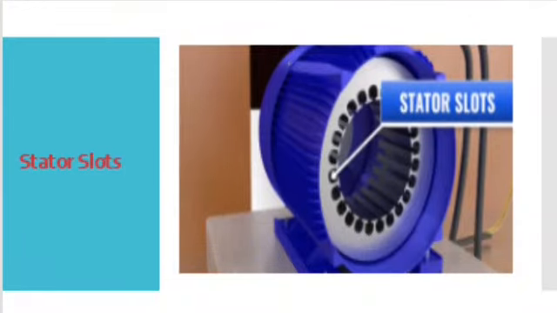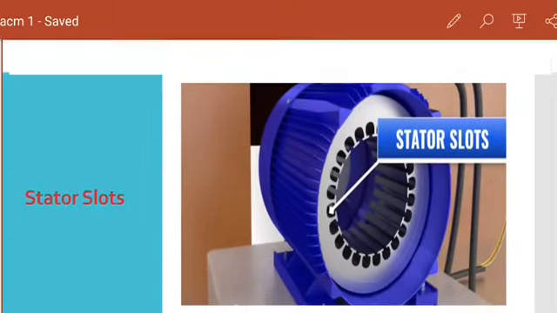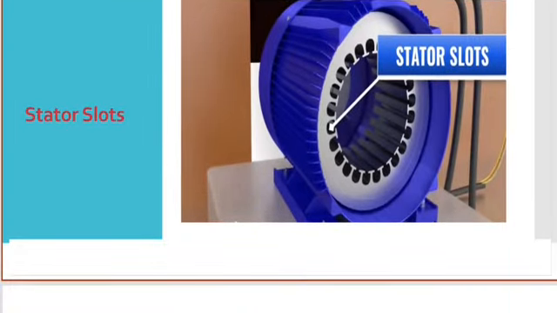This is the stator slots that I discussed. The winding passes through the slots of the stator, which are made by stacking. Why is it made by stacking? It is made by stacking to reduce the eddy current losses. Now what is the stacking? I will show you in the next slide.